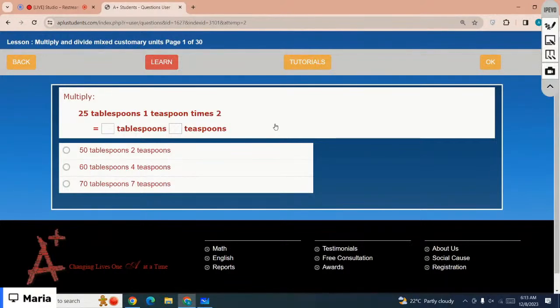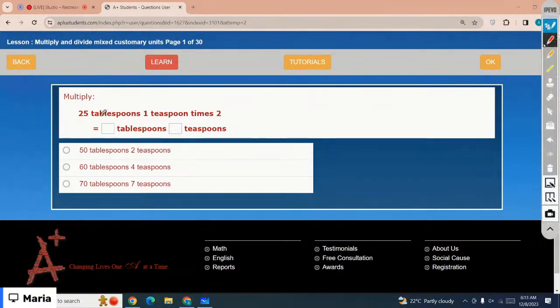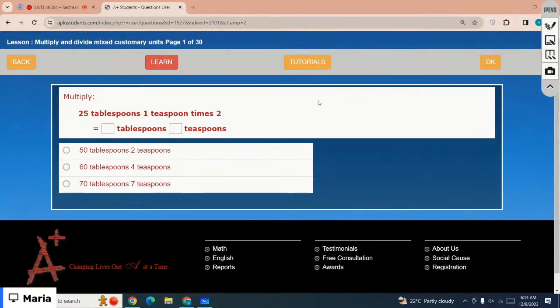So you just have to multiply the numbers, right? There you have 25 tablespoons, so multiply 25 times 2. 25 times 2 is 50, so you have 50 tablespoons. Then you have 1 teaspoon, so 2 times 1 is 2. So that would be 50 tablespoons and 2 teaspoons. The correct option is 50 tablespoons and 2 teaspoons. Option number 1 is the correct option. Got it?